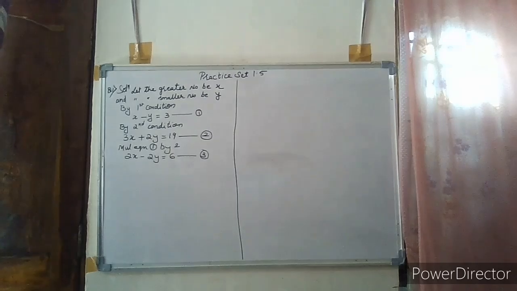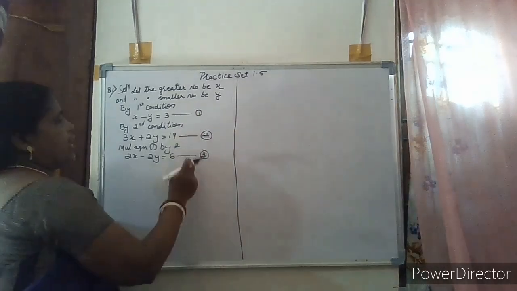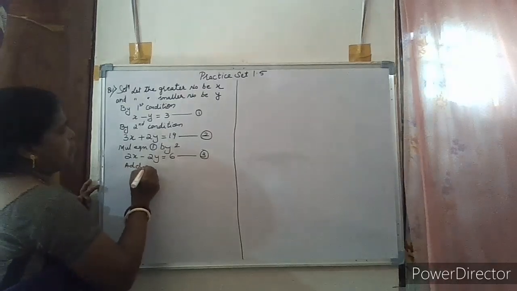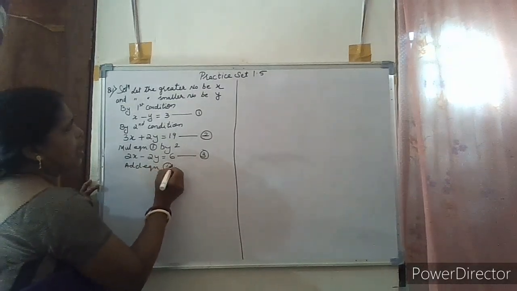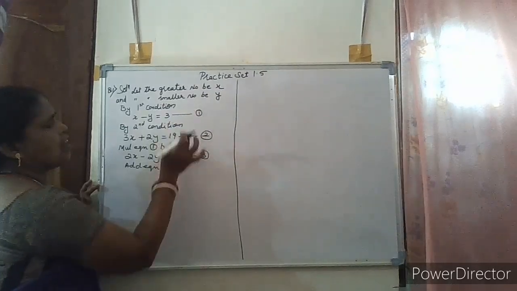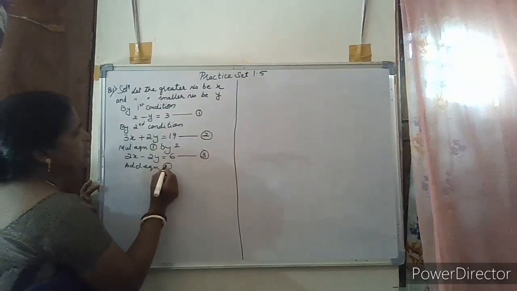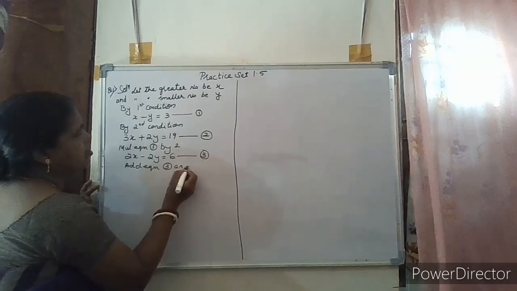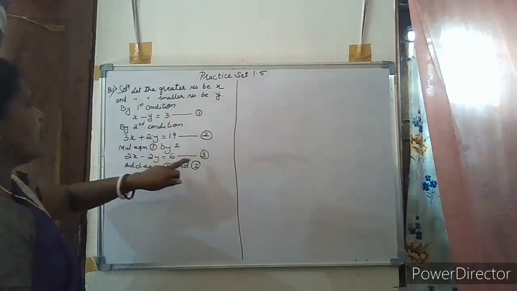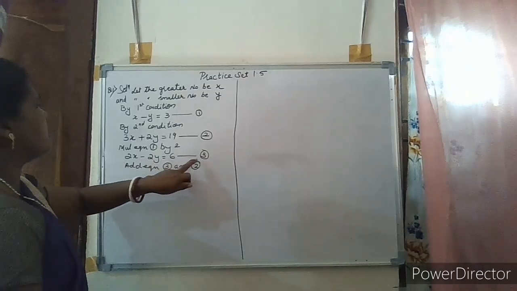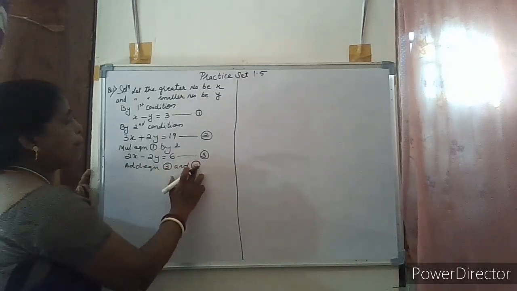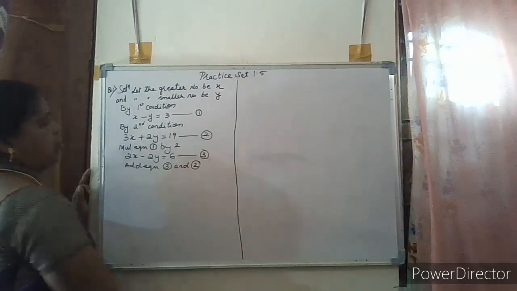Now, you can add equations 3 and 2. Equation 1 is converted to 3, but its place will not change. Never change the place of the equation.